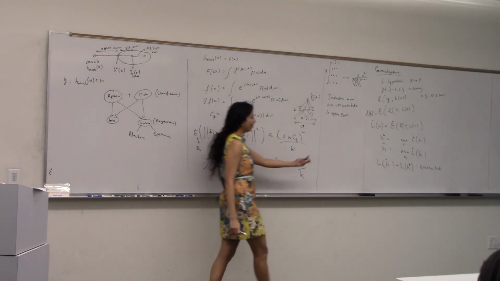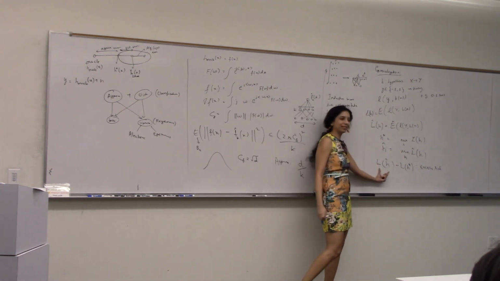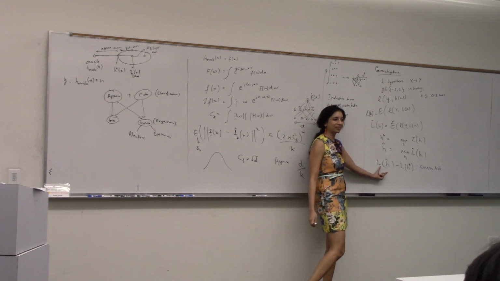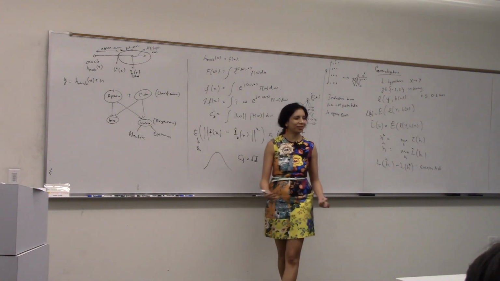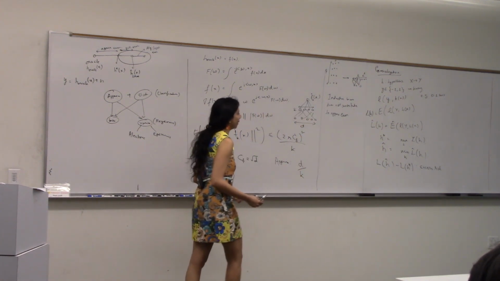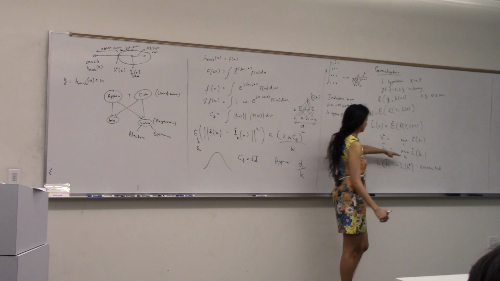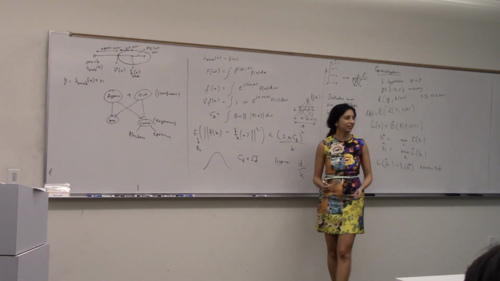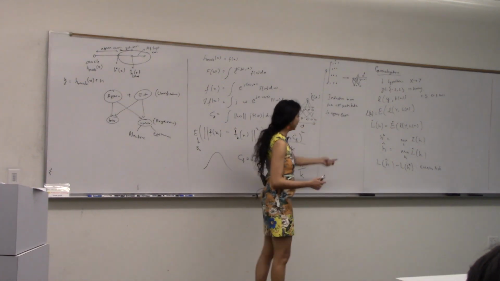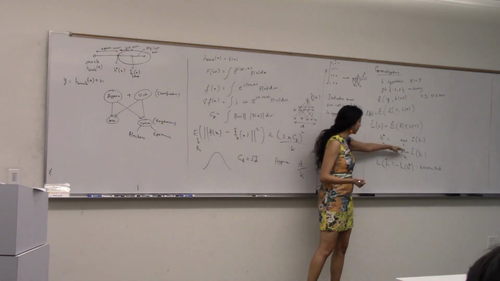Because what I really want is the loss at the population level, right? But I don't have access to it, so I can't optimize for it. What I can do is optimize on the empirical loss and hope for the best, right? And that's why this is our empirical risk.